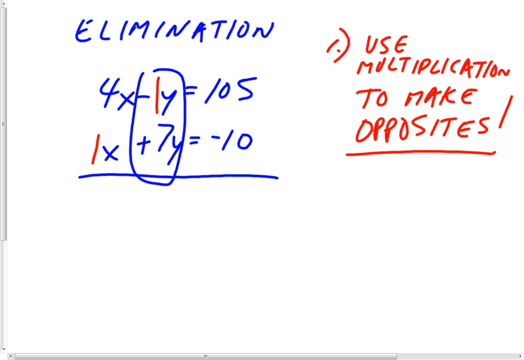I just have to change the top into that. I want to change that to look like opposites. Did I do anything to the plus 7y? No. So that means I didn't do anything to that equation. Rewrite that second equation. Nothing changed.